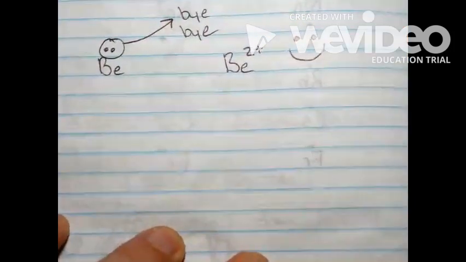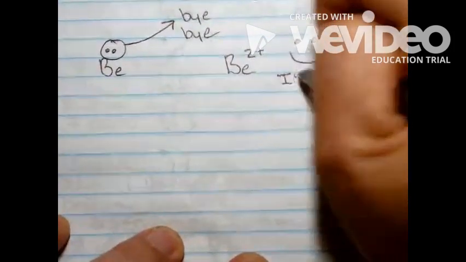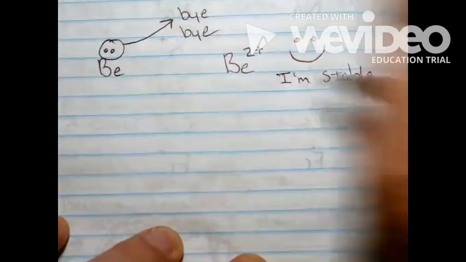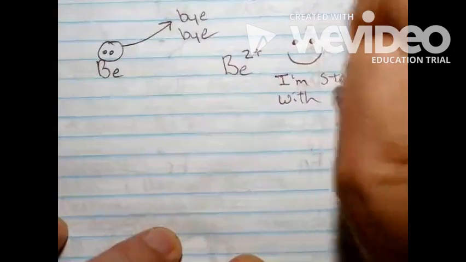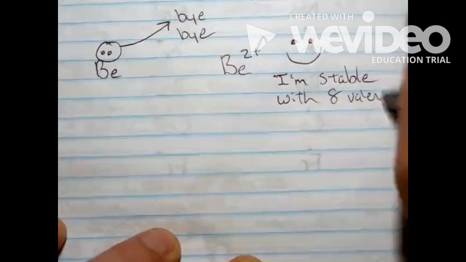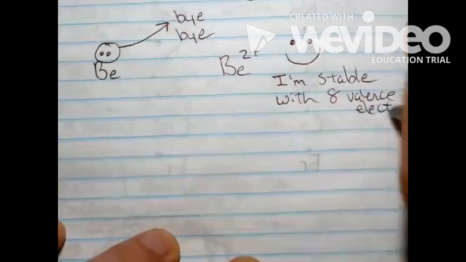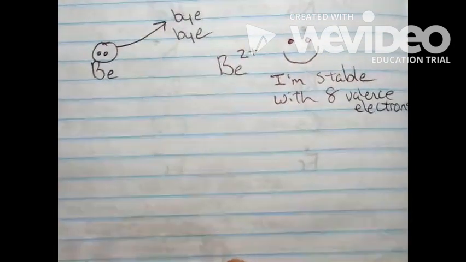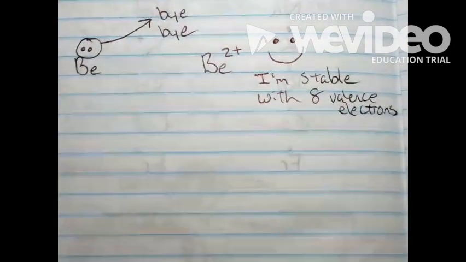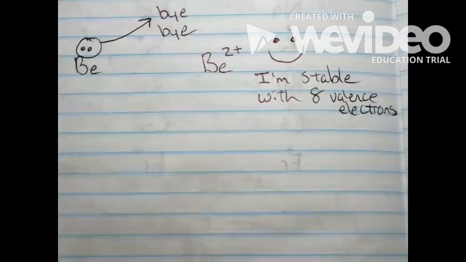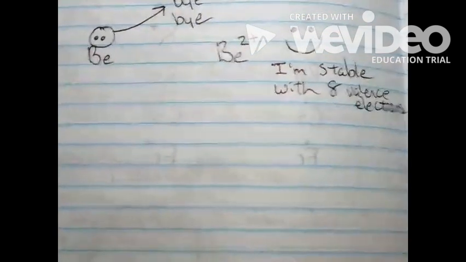So beryllium is happy because he's stable with 8 valence electrons. Okay, so that's kind of the long version.